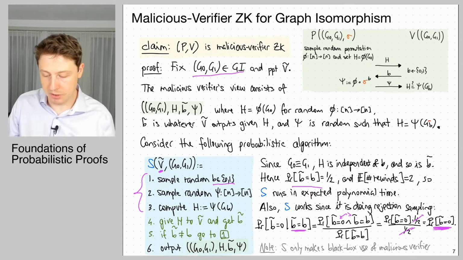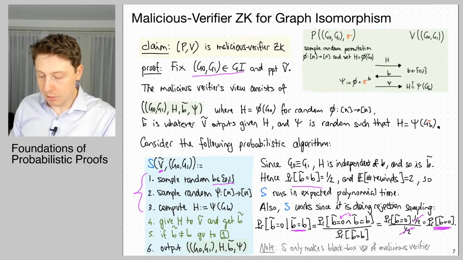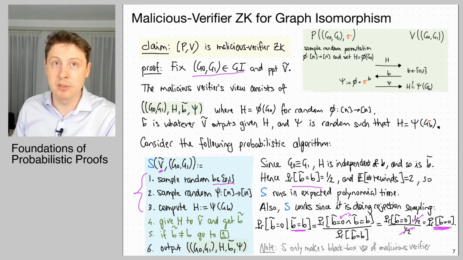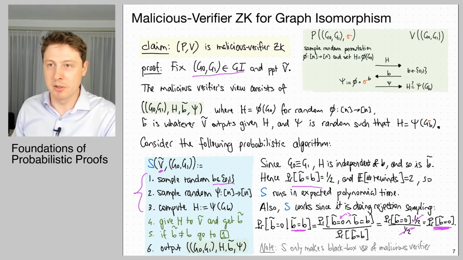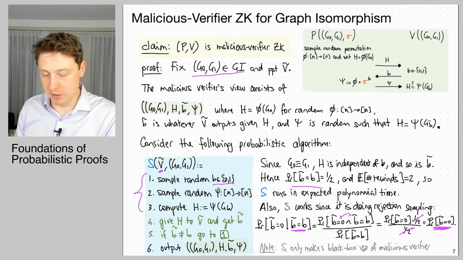Many important considerations revolve around how the simulator uses a malicious verifier, and quite amazingly, there are examples of zero-knowledge proofs that make a non-black box use of the verifier, which should sound extremely surprising because V tilde is a generic algorithm. A generic algorithm may have been written in a language that hasn't been invented yet. It just computes, right? So it should somehow be surprising that such things are possible, yet they are.